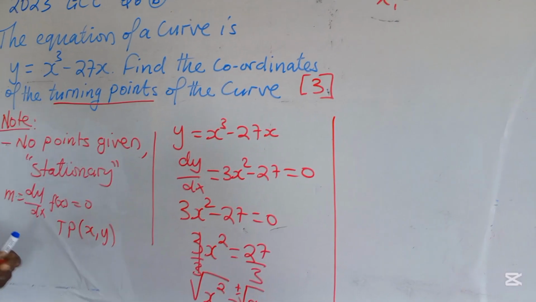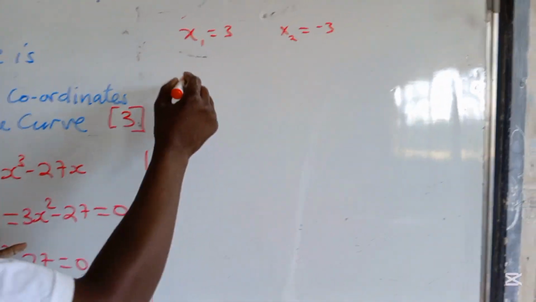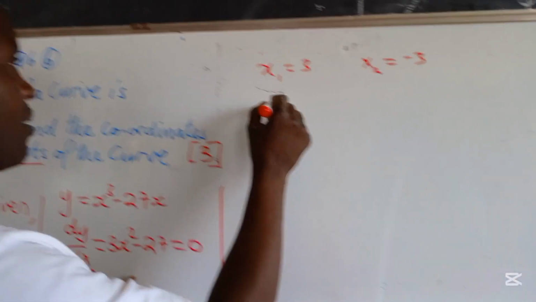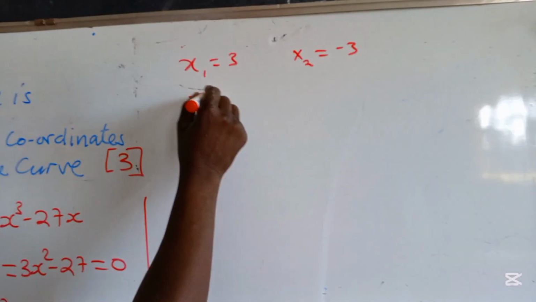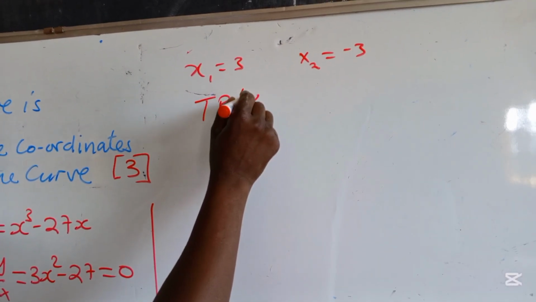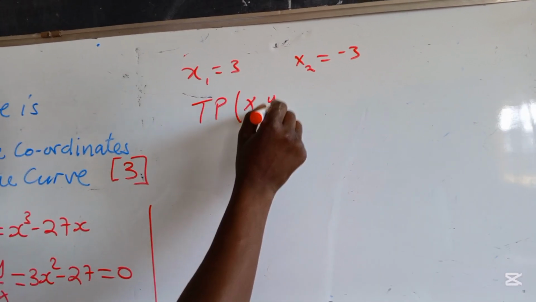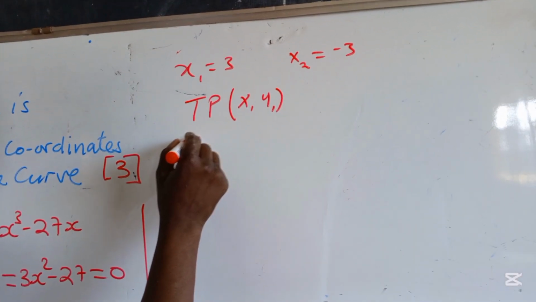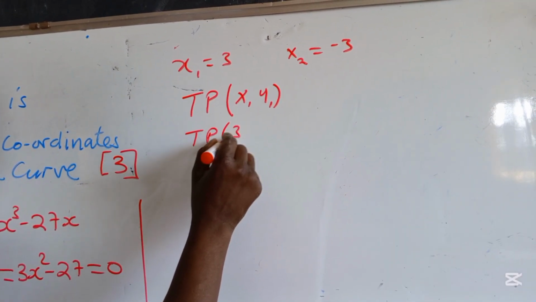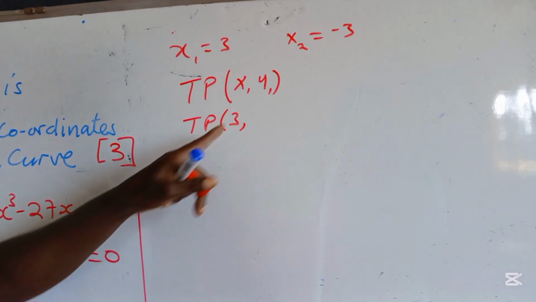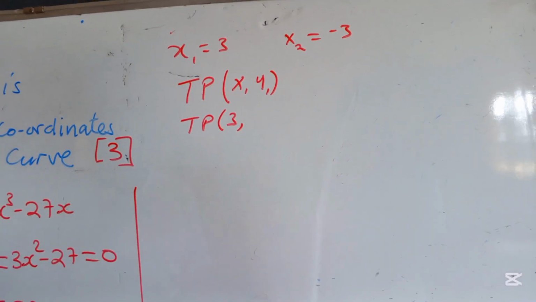Already I've been given x, meaning the first turning point is (x1, y1), where x is 3. So I'm now looking for y. How do I go for y?